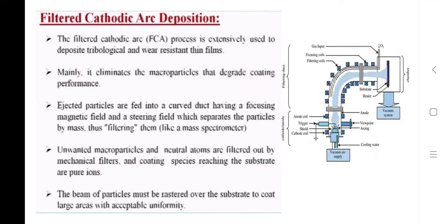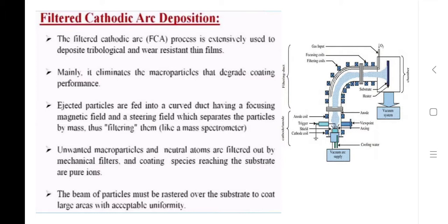So all the particles deposited onto your substrate are more or less the same size. There should not be a mixture of bigger and smaller particles, because if the particle size is bigger, it is very difficult to stick onto the substrate, and its surface area will be less, so there will be less adhesion between the coating material and the substrate material.